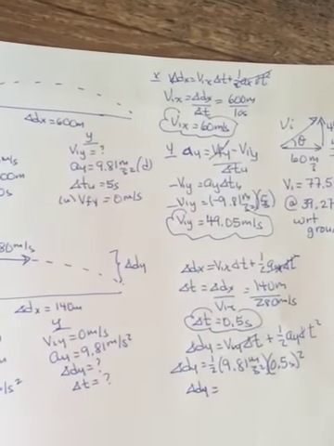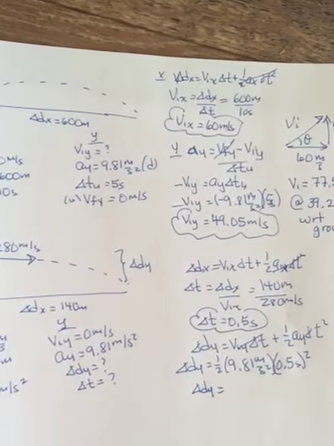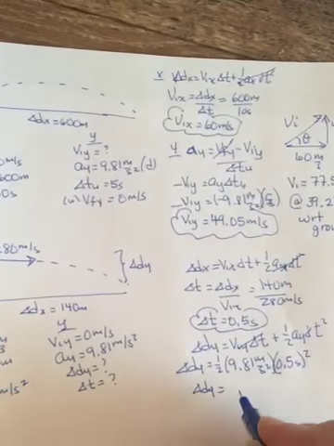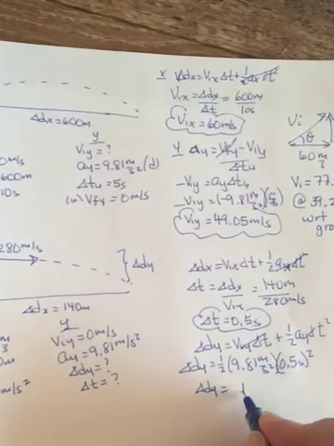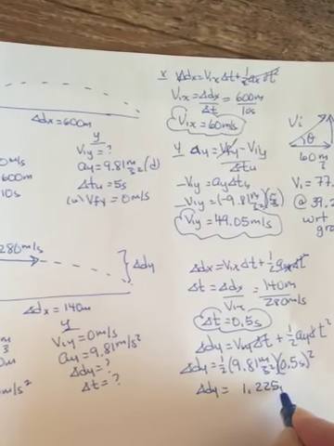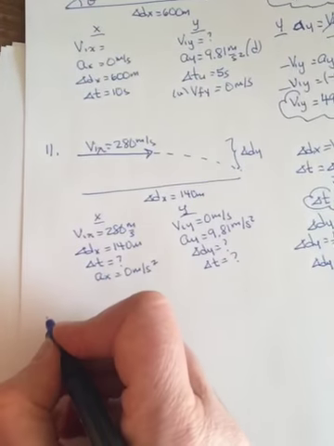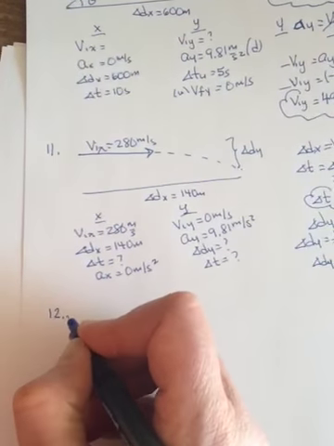Delta dy should be equal to 1.225 meters.